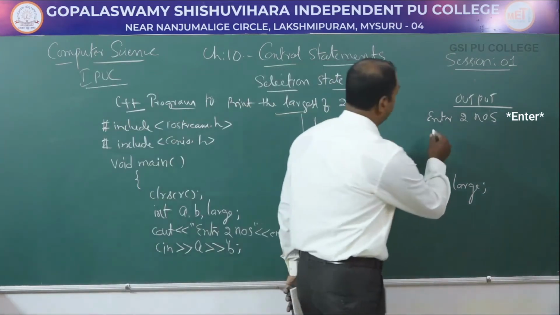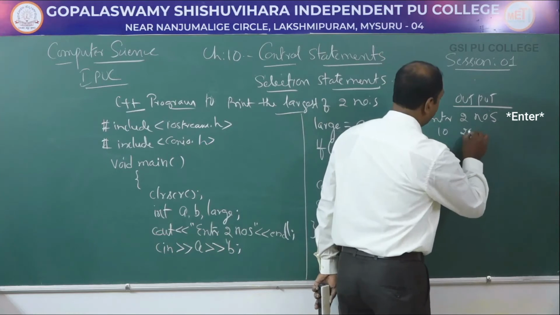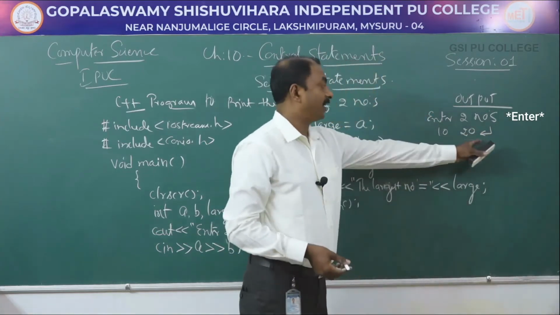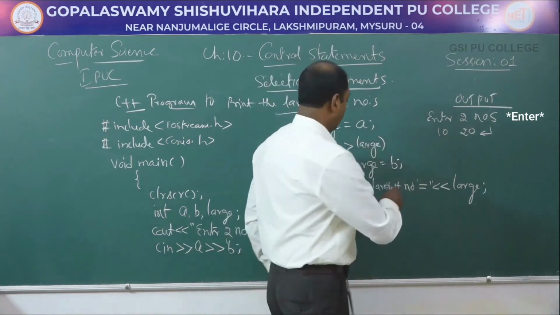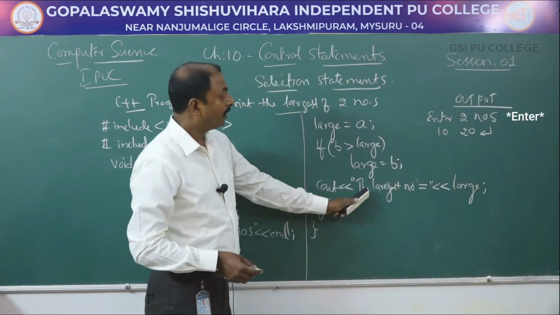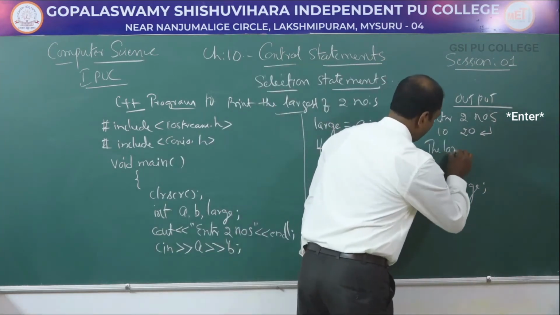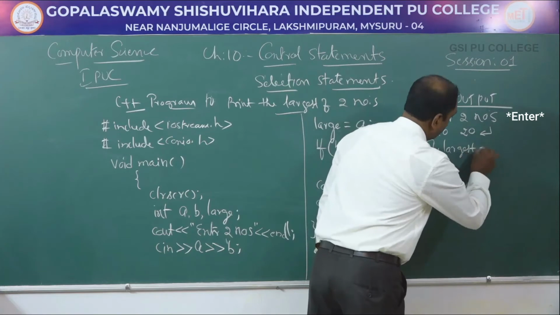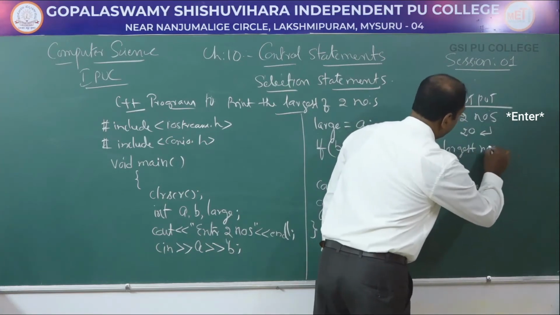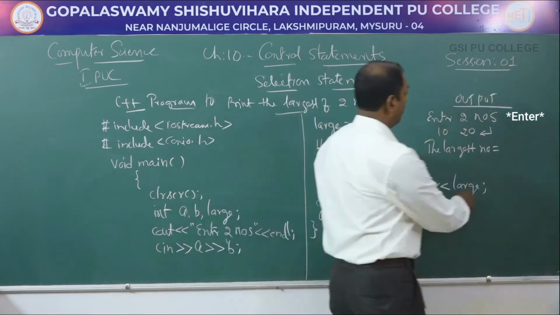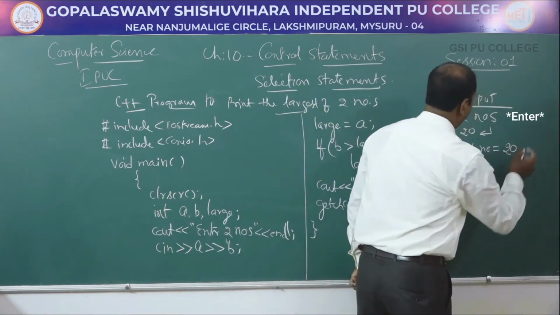So we can write here 10 space 20 and press the enter key. Once you press enter, it displays a message, look in the output statement, we have "largest number equals". So it prints the message largest number equals, and at the end some value will be stored here. So it's going to print the largest number, 20.